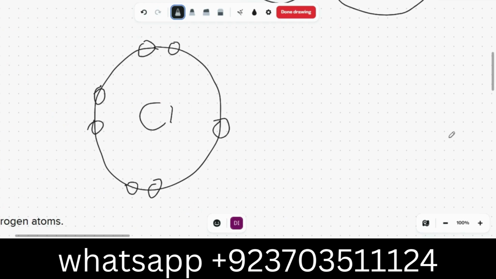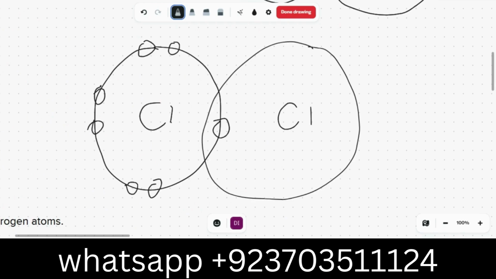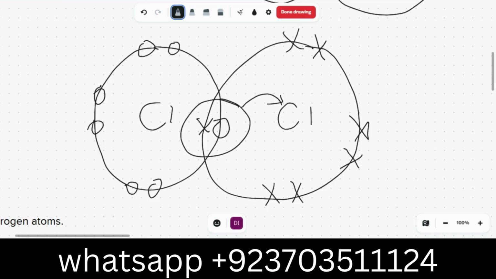Now this chlorine will have six electrons outside the sharing, like the other one, and one pair will be shared. This pair will be joined with this chlorine nucleus as well as with that chlorine nucleus. So by sharing, they will have eight electrons in total.